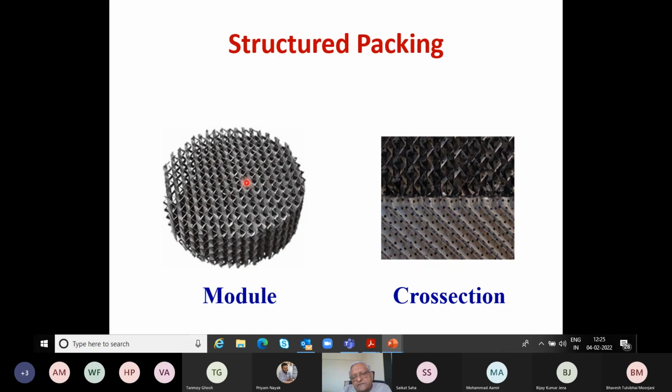What is the advantage of that? The advantage is that, as you know, in packed distillation columns, the mass transfer takes place on the surface of the packing. So basically, the liquid coming from the top wets the surface of this packing, and the vapor, when it rises from the bottom, carries out the mass transfer with the liquid which is wetting the packing.